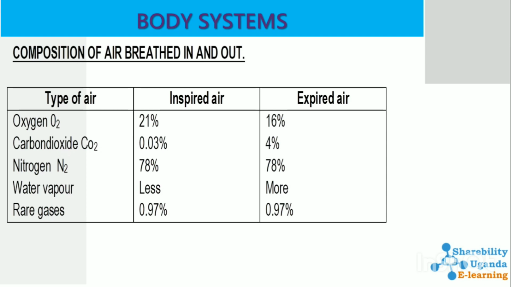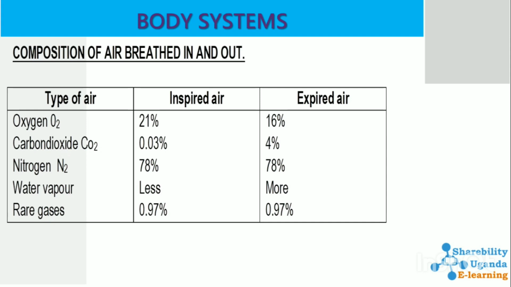We have two types of air: inspired air and expired air. Oxygen when inspired is 20% and expired is only 16%, so it is the 5% that is used. Carbon dioxide inspired is 0.03% and expired is 4%.